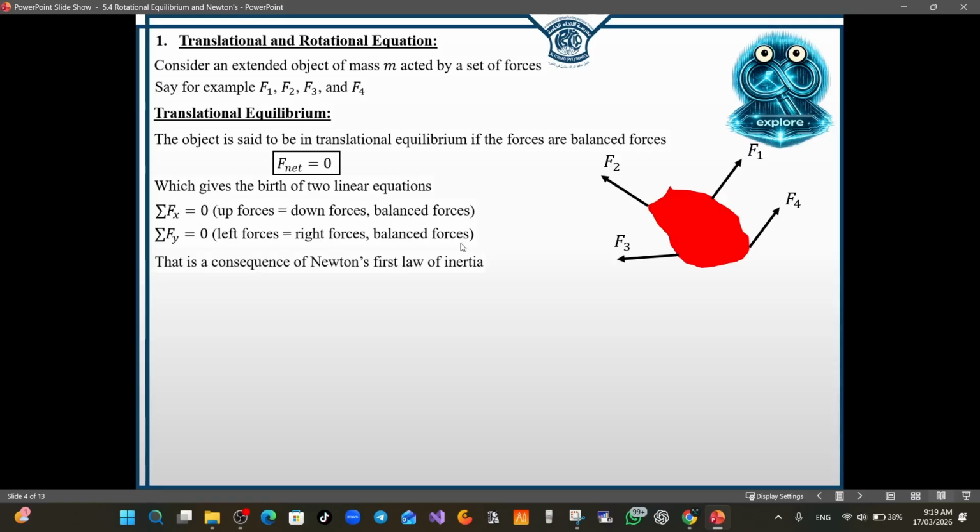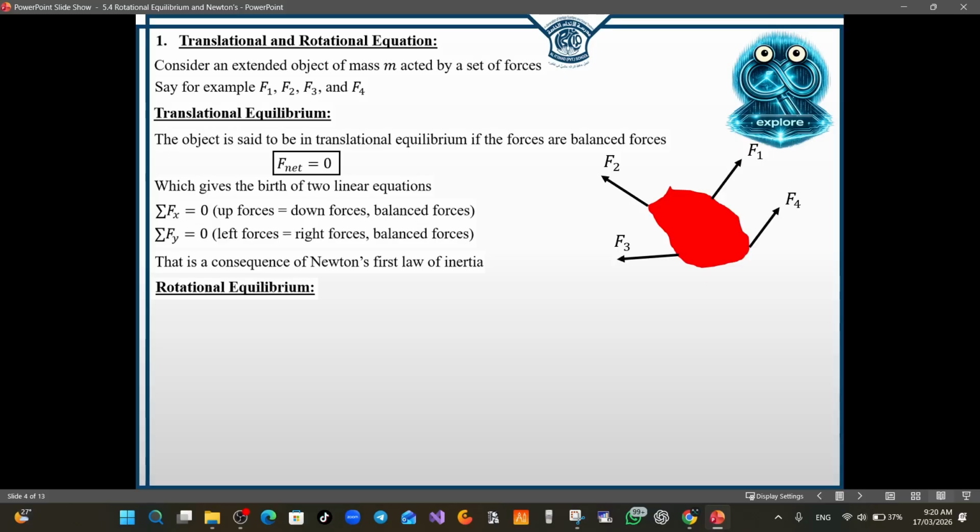In other words, along the x-axis, forces must cancel out, and along the y-axis, forces must also cancel out. No net push, no net pull, no linear acceleration, and the object remains at rest or moves with constant velocity. This is a direct consequence of Newton's first law of inertia. So if the forces are balanced, the object will either remain at rest or continue moving with constant velocity.